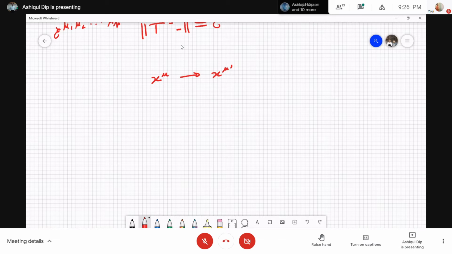Under this transformation, you could write a matrix out of it with two indices: delta x mu prime by delta x mu. With one upper index, we can usually write it as J mu prime mu.